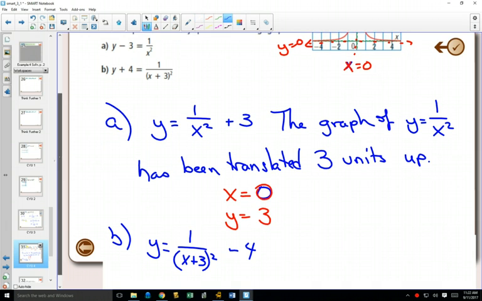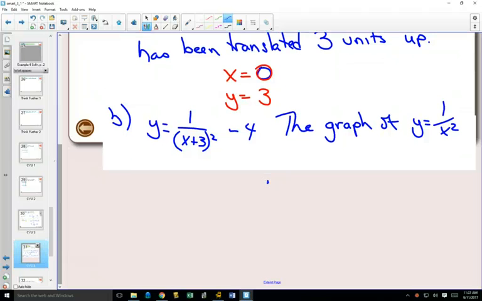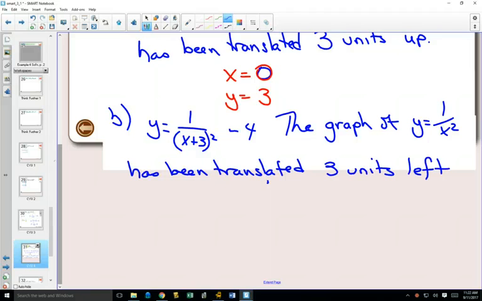So if we were going to explain what happens, the graph of y equals 1 over x squared has been translated three units to the left and 4 units down.